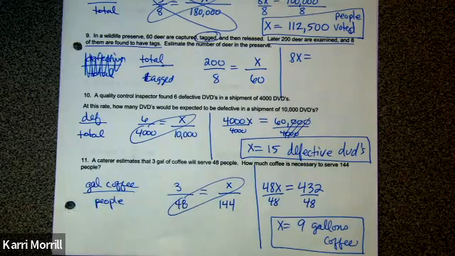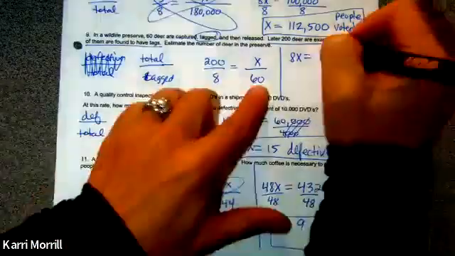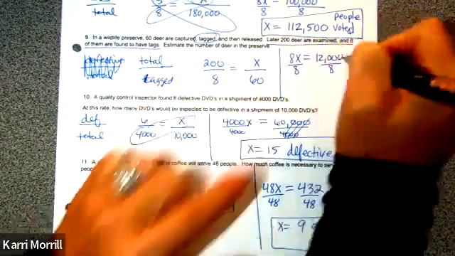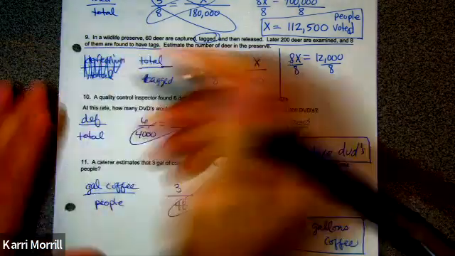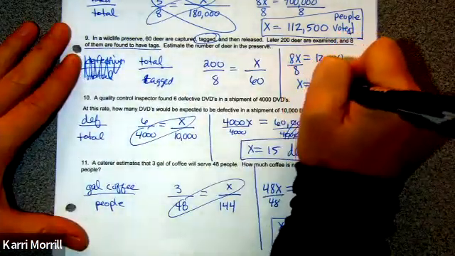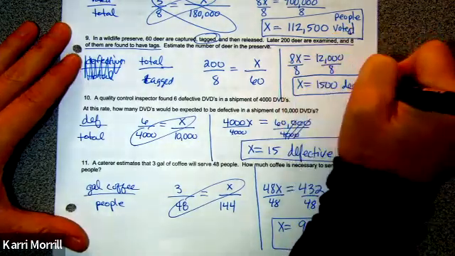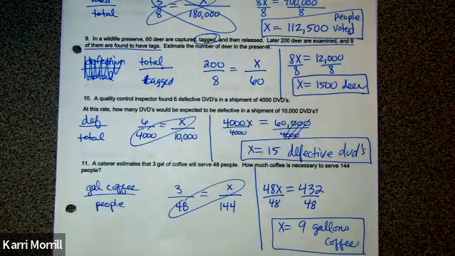But I like to see totals in the bottom. They're saying that there's approximately, the ratio holds true. It's never going to be exact, but they would estimate there's 1,500 deer in that preserve.